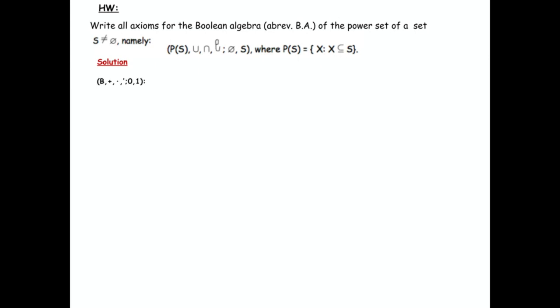So here's the solution. We have the set B, and we have another sign for complement, the apostrophe, or it could be a horizontal bar over whatever is being complemented.